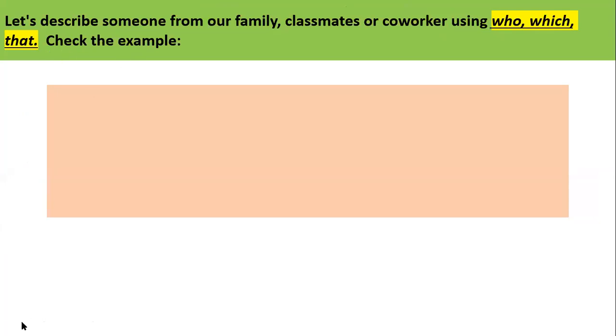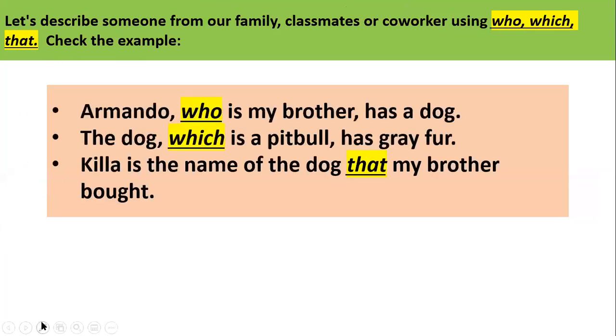For example, I put, Armando, who is my brother, has a dog. This is one example. I can use another example: the dog, which is a pit bull, has gray fur. Or another: Kila is the name of the dog that my brother bought.